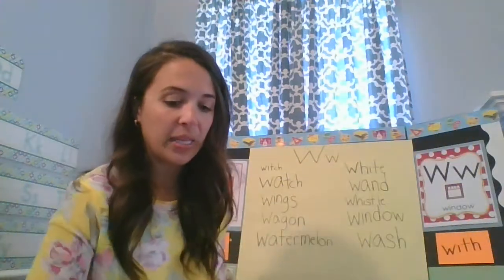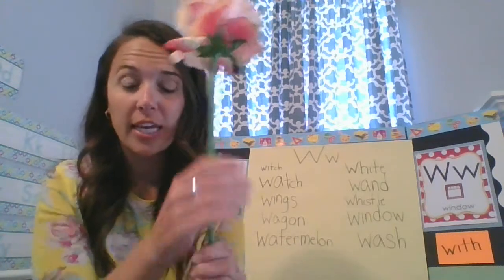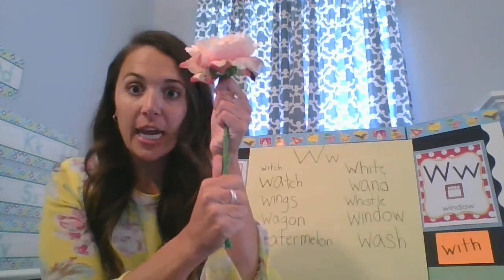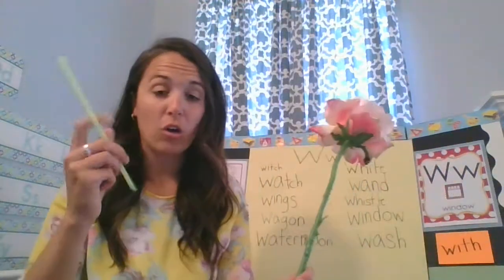So if I look at a plant, like this plant, the long part that keeps the plant straight and standing tall is the stem. Say stem. A stem keeps the plant standing tall, and it kind of acts like a straw.